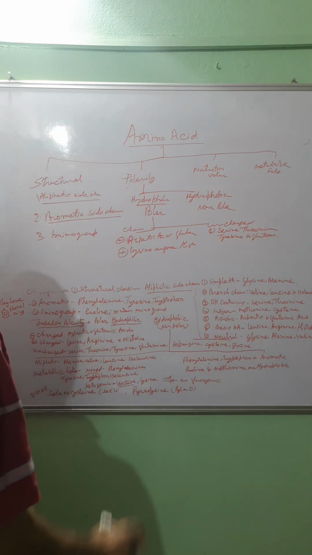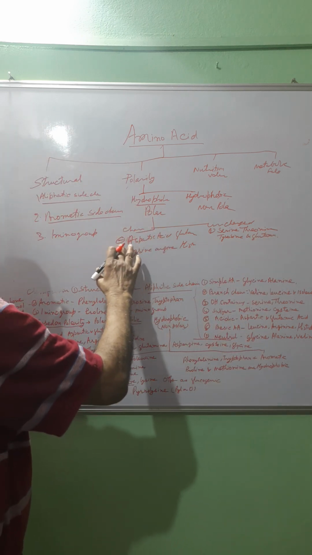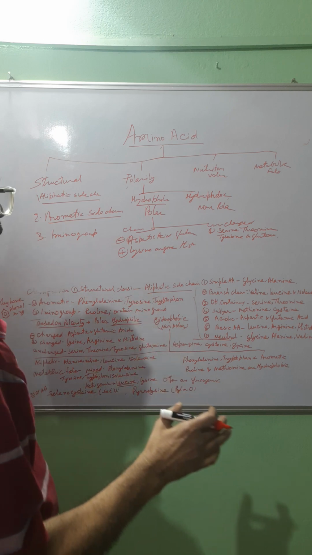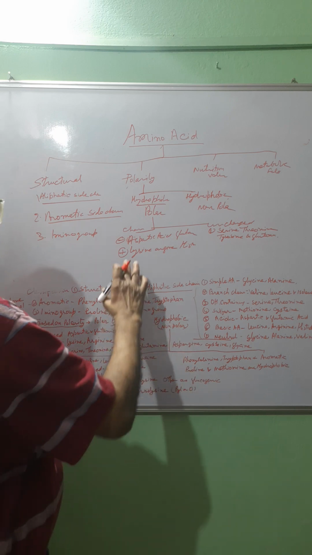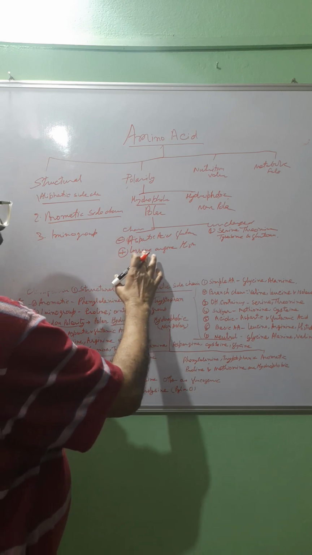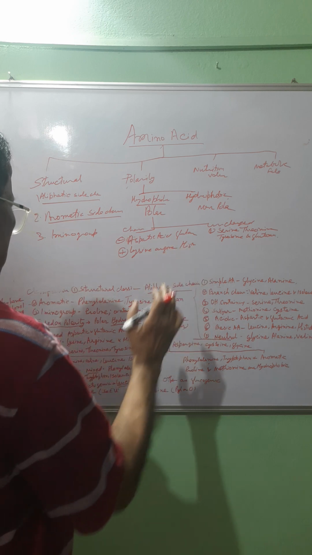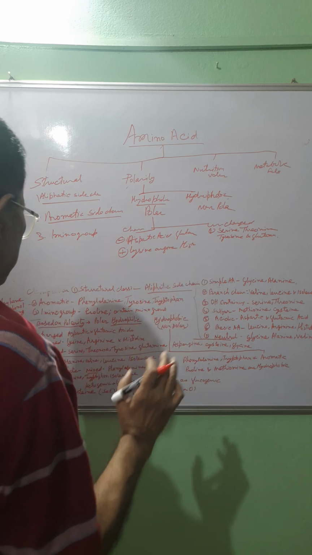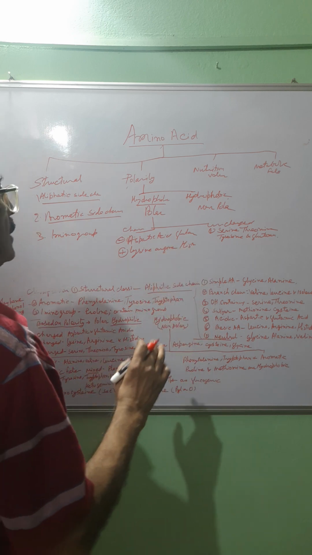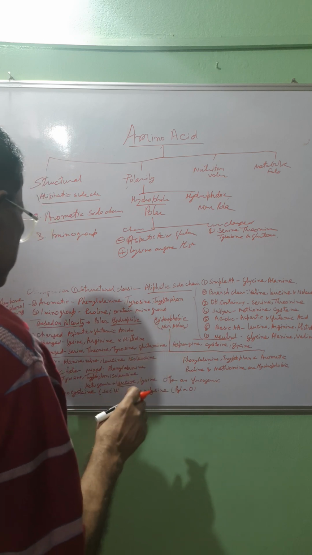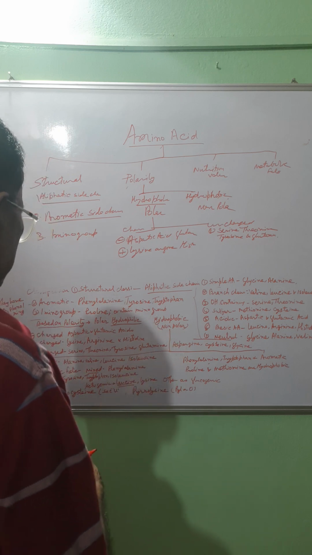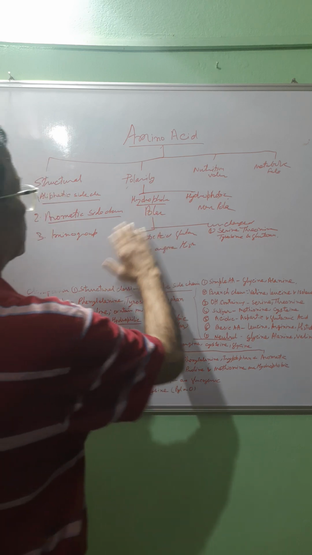These are examples of polar: negatively charged, aspartic acid and glutamic acid; positively charged, lysine, arginine and histidine; uncharged, serine, threonine, tyrosine and glutamine. These are the types of polar.